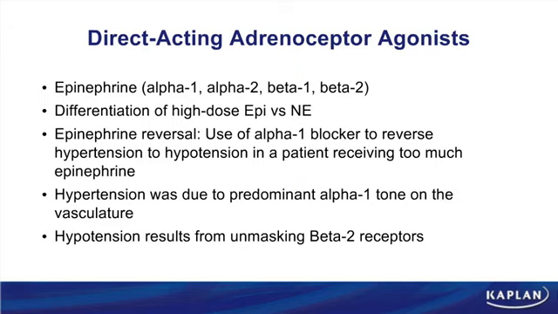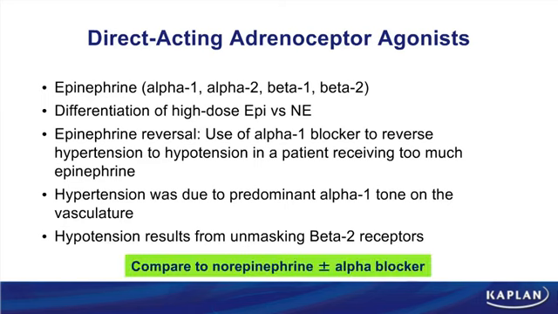The key to this experiment and the key to differentiating high-dose epi from norepi is to look at the part of the experiment that has an alpha-1 blocker present. If the alpha-1 blocker returns the pressure to normal, that was norepinephrine. But if, with the alpha-1 blocker, you see the pressure go low, hypertension to hypotension, that is epinephrine reversal.